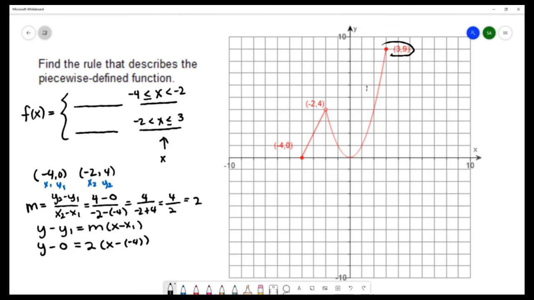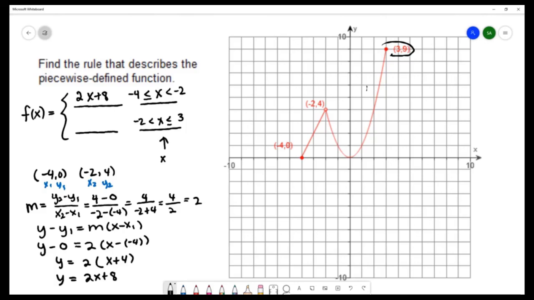Y minus 0 is y. And on the right-hand side, we have x minus -4, that's x plus 4. And we can distribute the 2 to get y equals 2x plus 8. So we know the equation of the line is 2x plus 8.